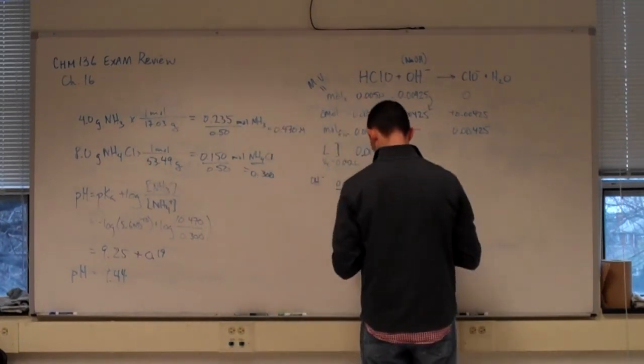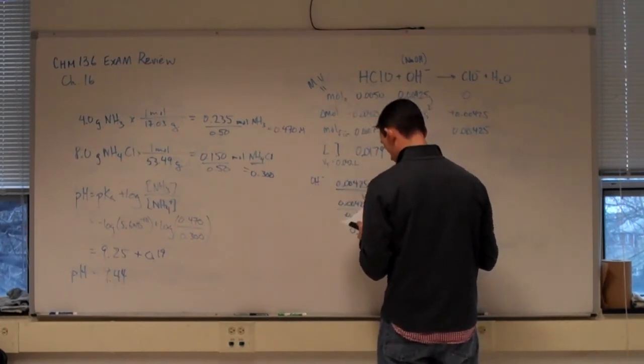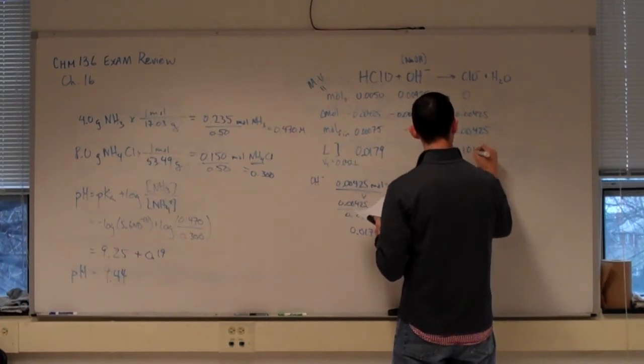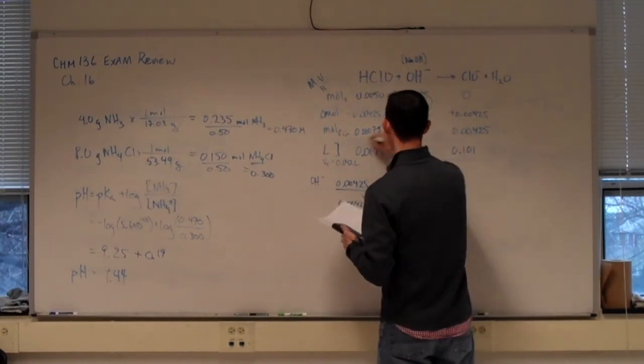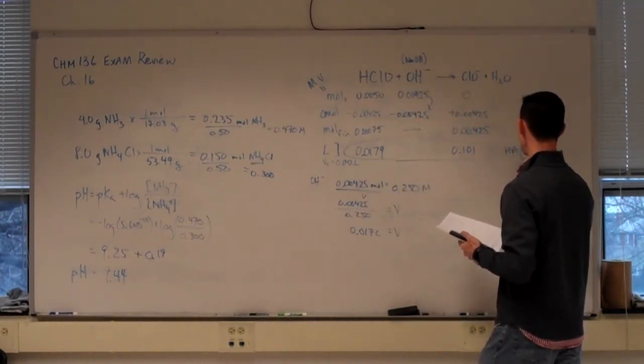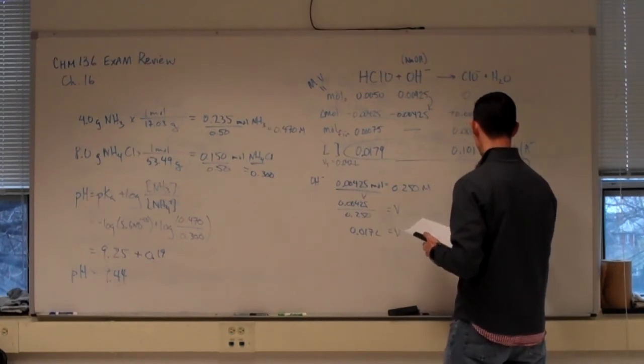Now, when we divide each of these moles by this total volume, we'll get the concentration. 0.0179. And 0.101. This is a conjugate pair, an HA, A minus pair. So we can go to the Henderson-Hasselbalch equation.